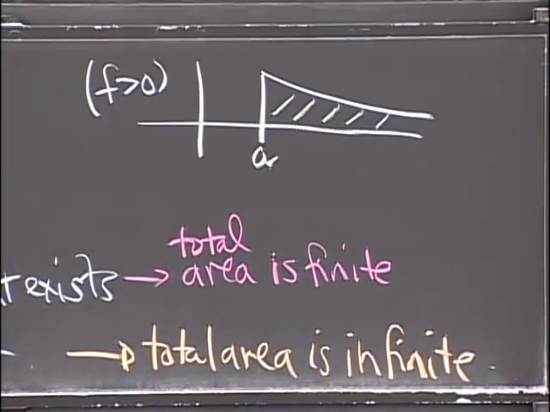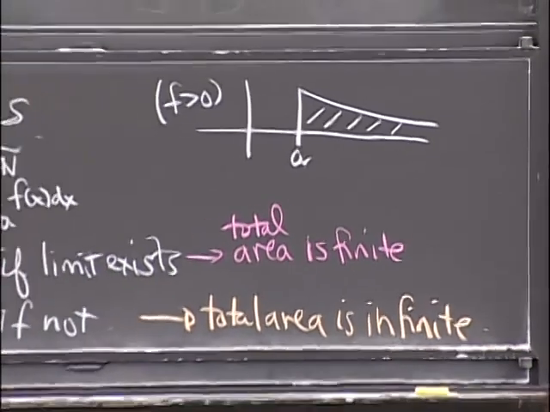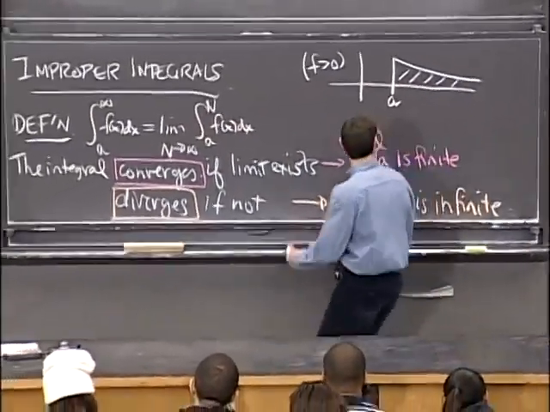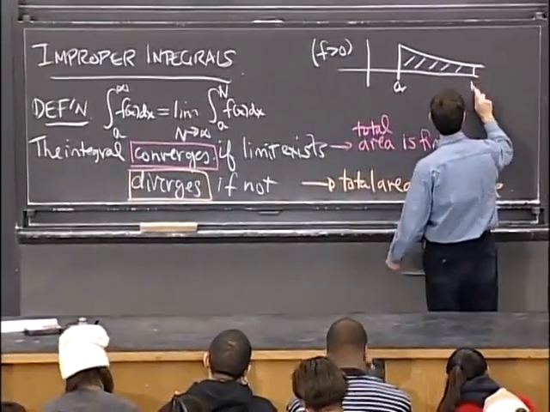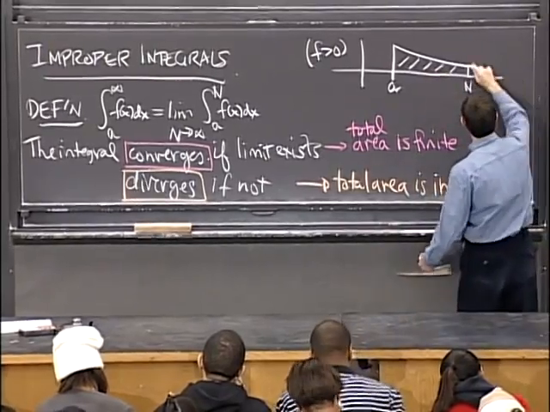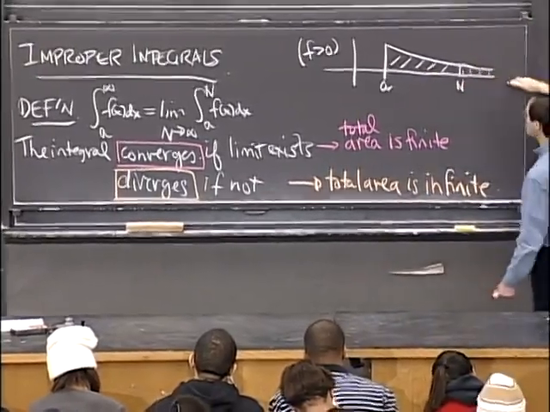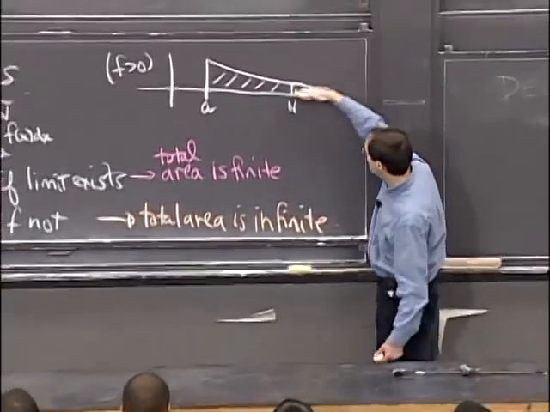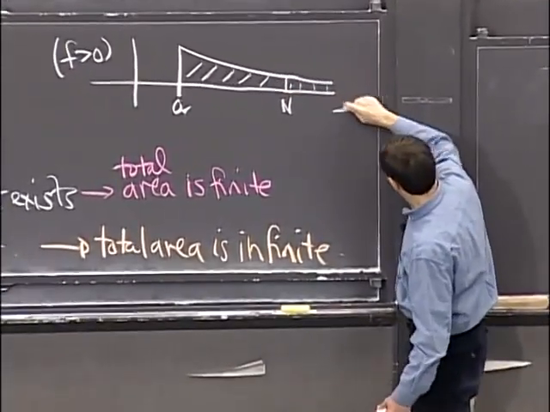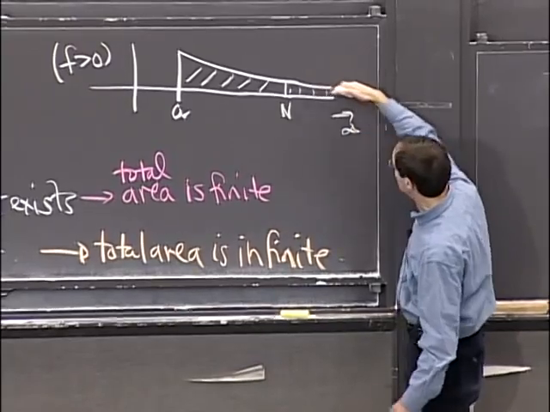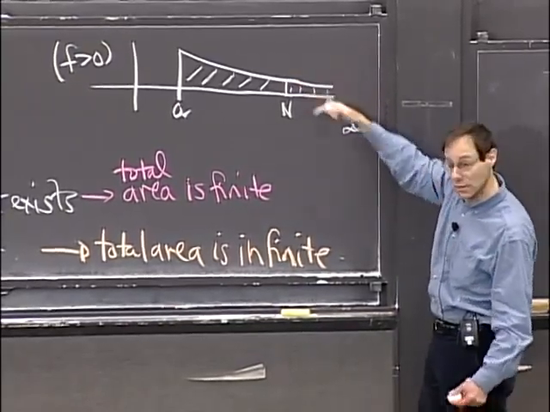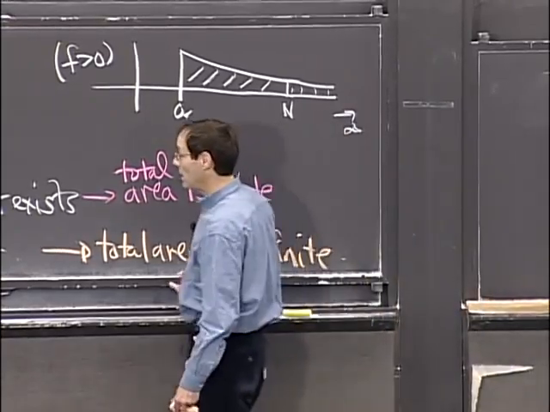Now, I claim that both of these things are possible. Although this thing goes on forever, right? If you stop it at one stage n, then of course it's a finite number. But as you go further and further and further, there's more and more and more area. And there are two possibilities. Either as you go all the way out here to infinity, the total that you get adds up to a finite total, or else maybe there's infinitely much.